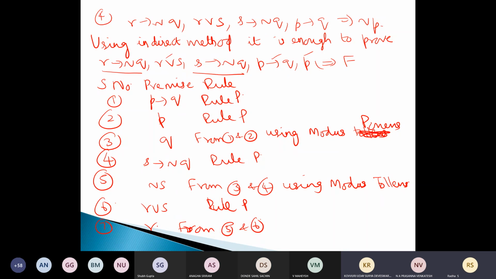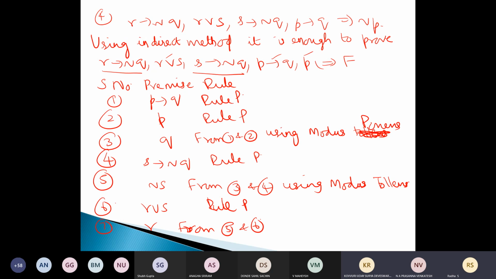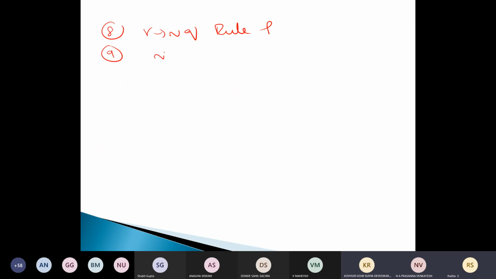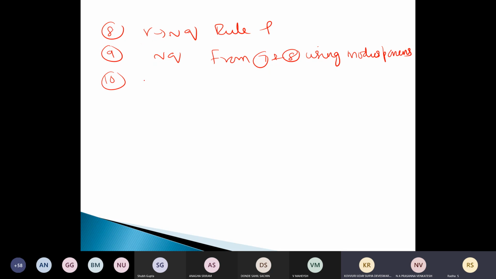Then introduce R tends to not Q. Okay. Now from 7 and 8, not Q. Then Q is already true. From 3, not Q is also true.